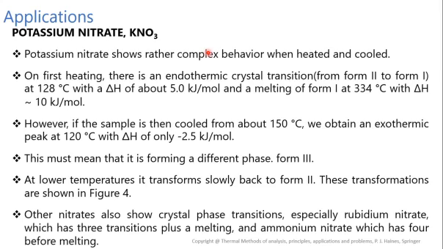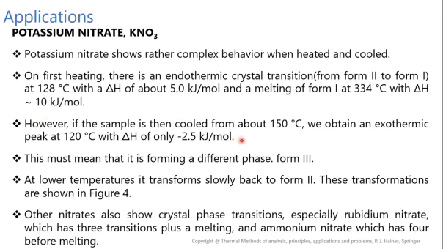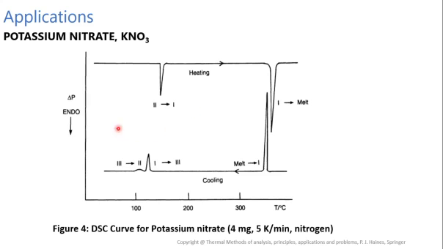On first heating, there is an endothermic crystal transition from form 2 to form 1 at 128 degrees Celsius, with an enthalpy change of about 5 kilojoule per mole.